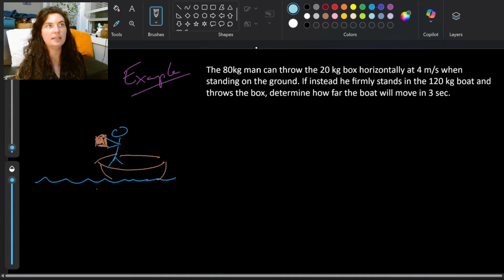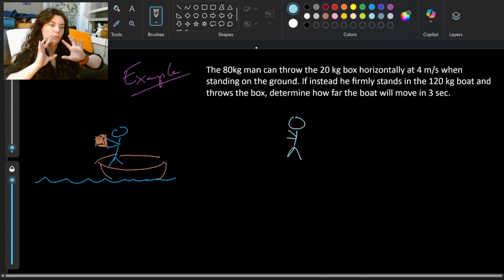And so this, again, all is one system together. We have our man throwing the box. So he's imparting a force on the box, and the box initially was just sitting there in his hands. So it's kind of imparting a force back on the hands when the hands are pushing it. The box was initially not moving, so it's stationary, its desire to stay stationary causes a force in return.